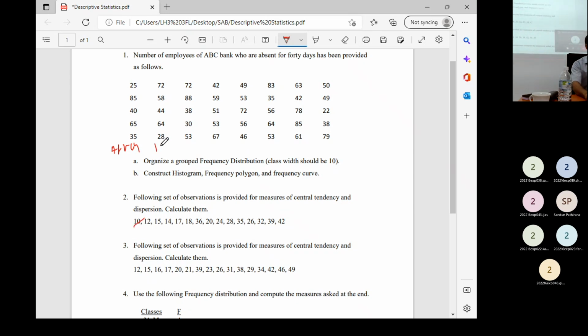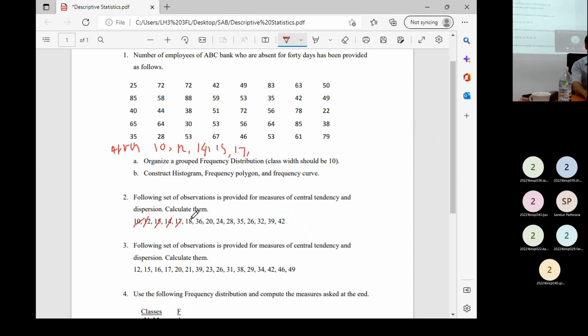Minimum value 10, then 12, next one 14, then 15, then 17.